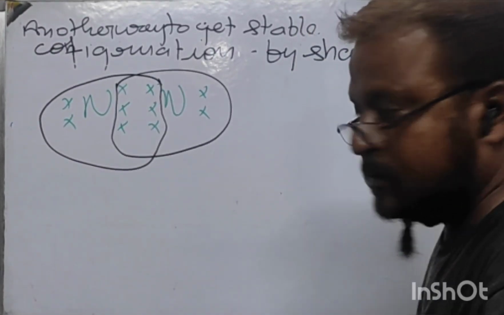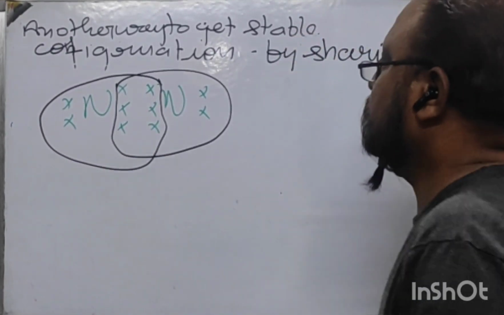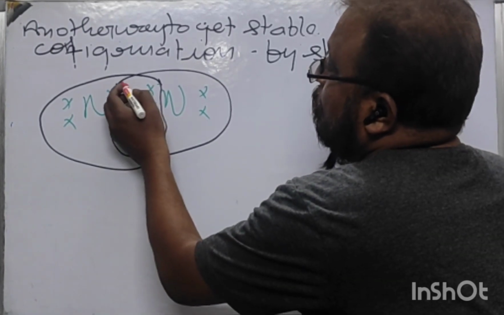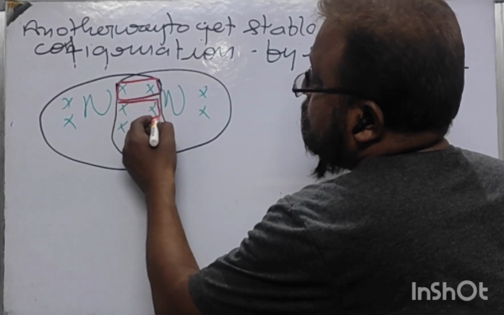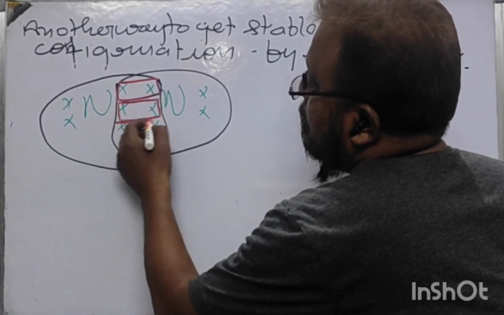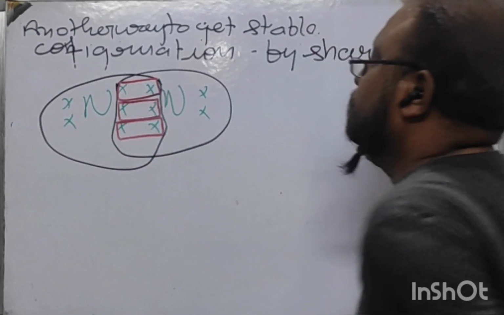Here is one chemical bond, second chemical bond, and third chemical bond.